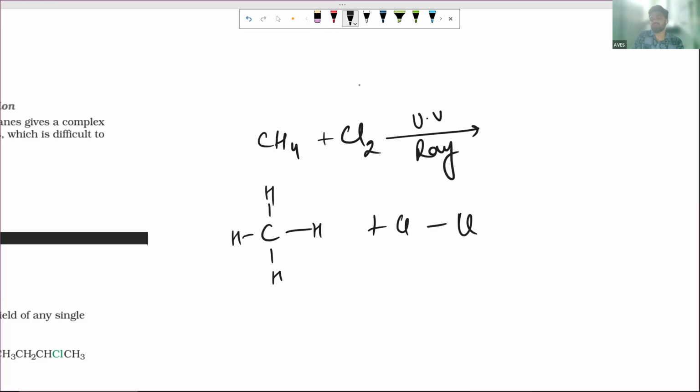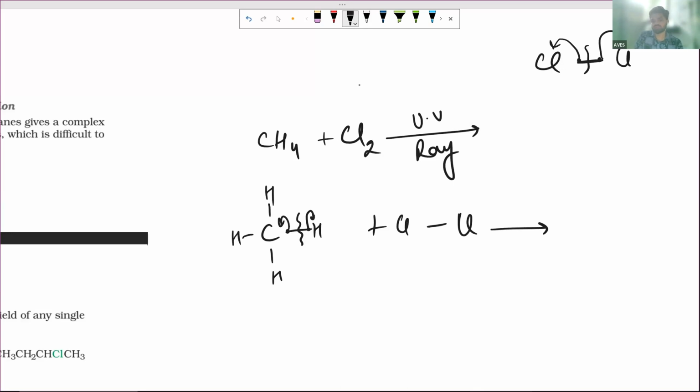Free radical mechanism means that one electron is bonded here, one electron is bonded there, and they make a single bond. The bond will break like this: this electron will be carried by this chlorine atom and this electron by the other chlorine atom. Similarly, if the bond breaks with this one, this electron of carbon stays with the carbon, and this electron of hydrogen stays with the hydrogen. So this is known as free radical mechanism.